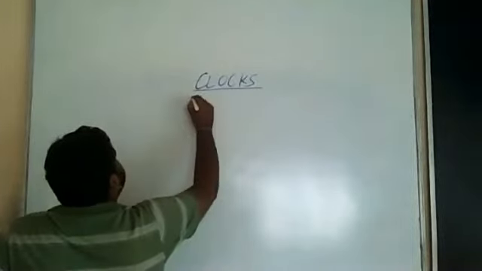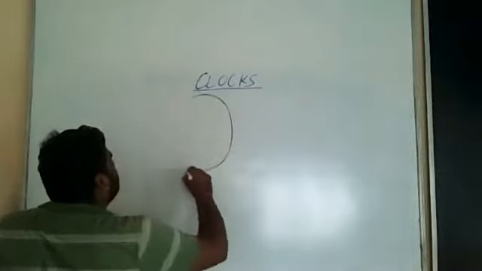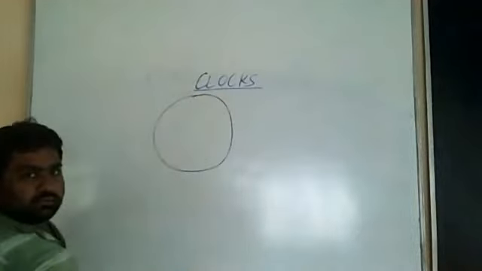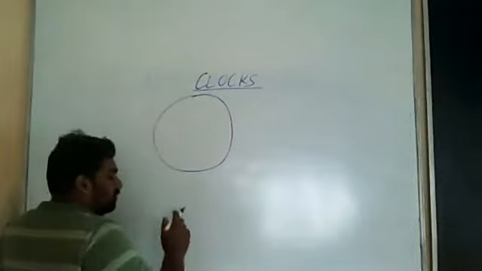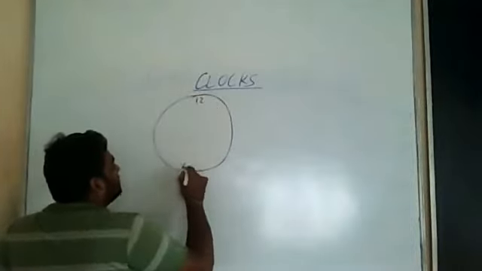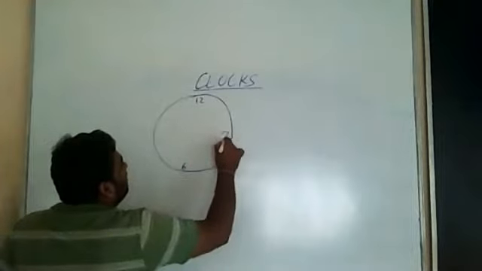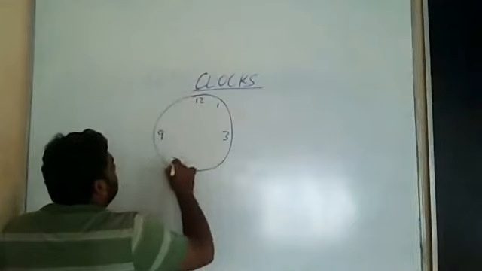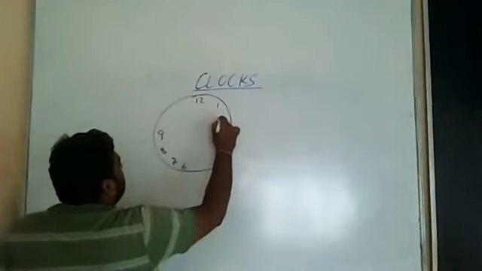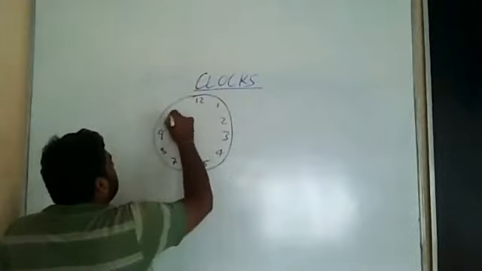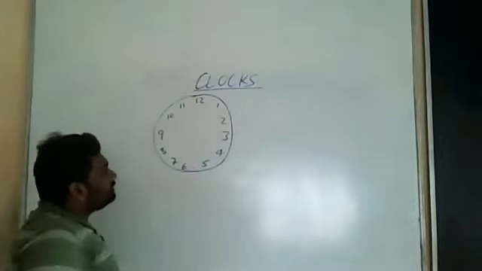Now, everybody has seen a clock, right? In a clock, what do we have? This is 12, this is 6, this is 3, this is 9, then there is 1, 7, 8, 2, 4, 5, 10, 11.